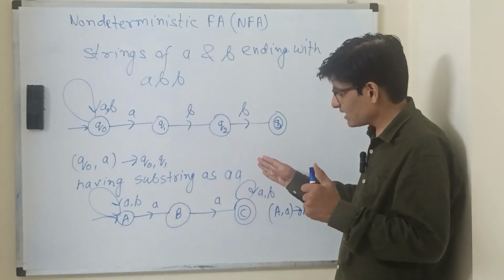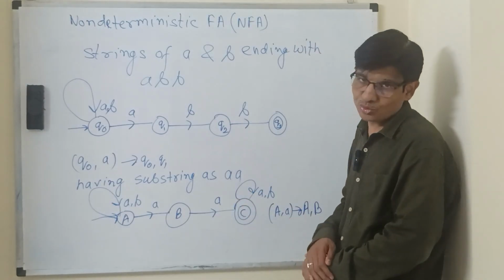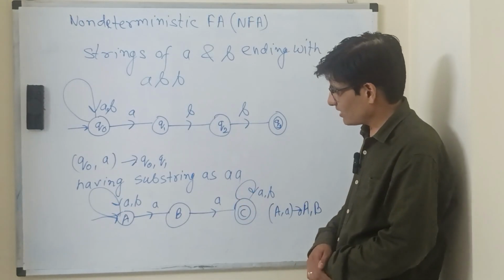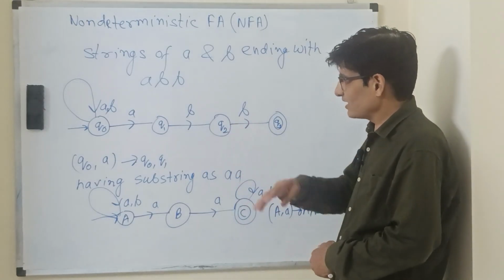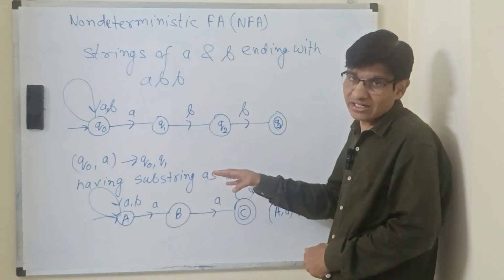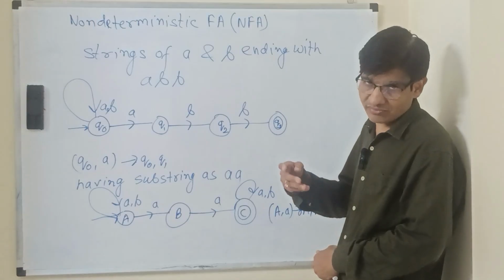So it is very easy to create an NFA like this. And definitely, if we can create an NFA, then we can convert it to an equivalent DFA also. And that process I will tell you in further videos.